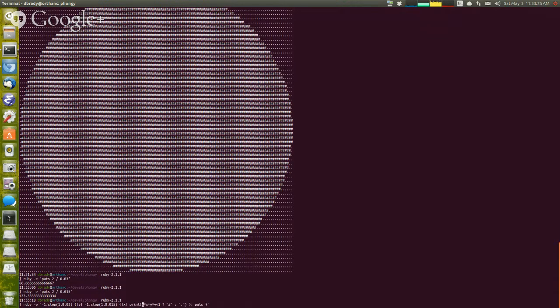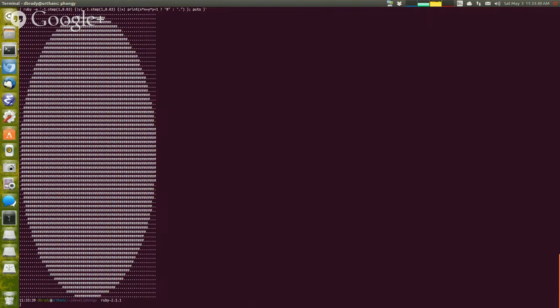If I were to step by 0.03 in both, this image is going to be 66 by 66 pixels, and it's not circular because a character on a text display is about twice as high as it is wide.